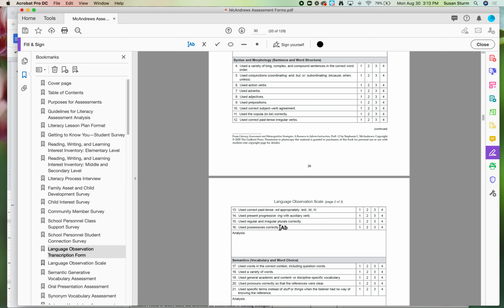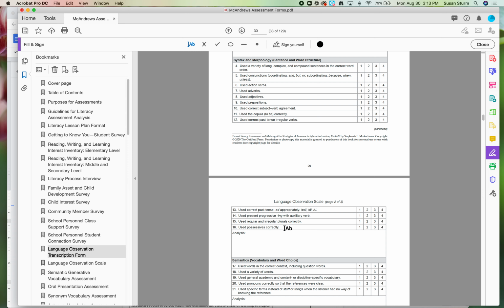Use regular and irregular plurals correctly, so fish is irregularly plural as fish. And then use possessives correctly. So that belong-to possessives is another thing. So my mom's bike, if they're speaking African American vernacular English, might be my mom bike.